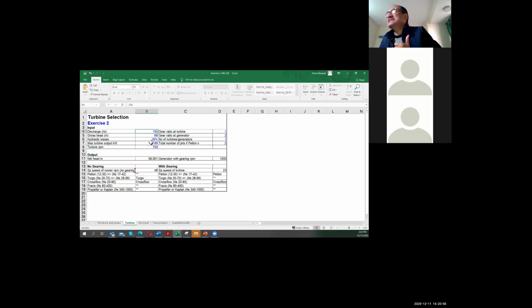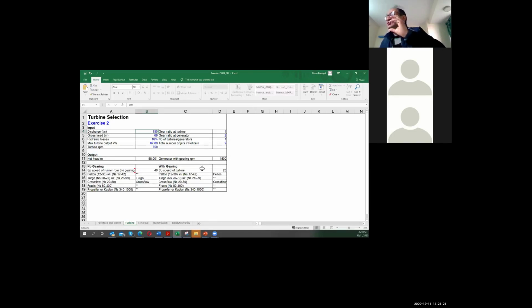Then the gross head of 69, hydraulic losses, maximum turbine output, turbine RPM, gear ratio, turbine ratio, number of turbines, and number of jets. So this is the net head we have, after the hydraulic losses. Without a gear, we get a specific speed of 46.